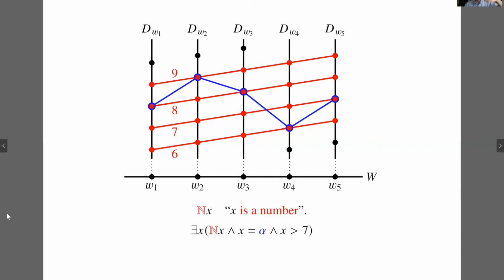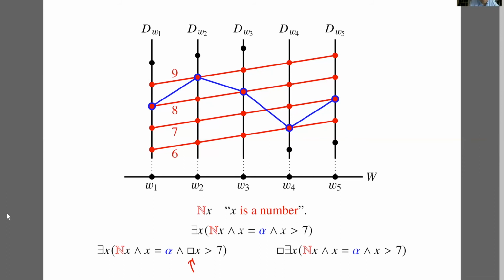So this framework, on the one hand, gives a handle on the de re/de dicto distinction. Because this is the statement saying that there is a number that is the number of planets and it is bigger than 7. You can introduce the box operator in two different positions, here and here.